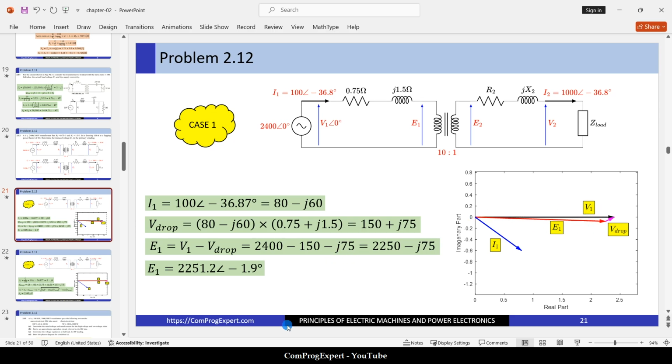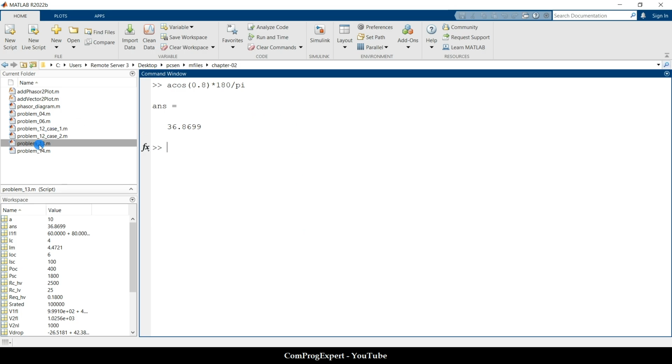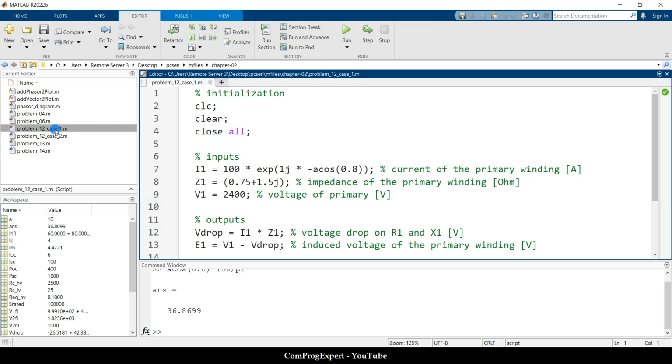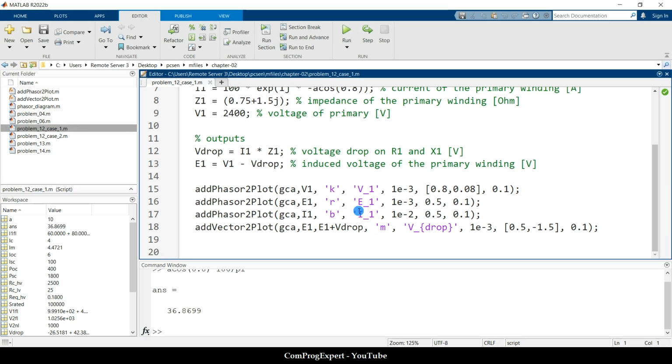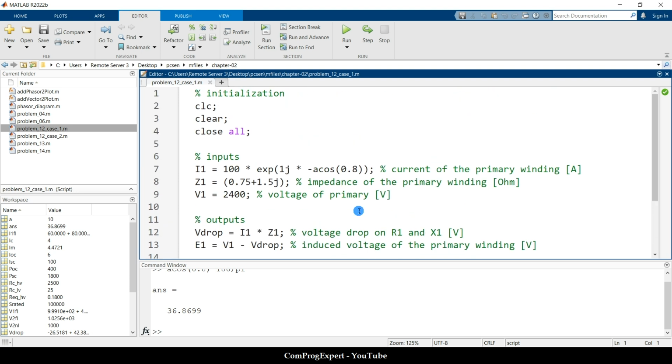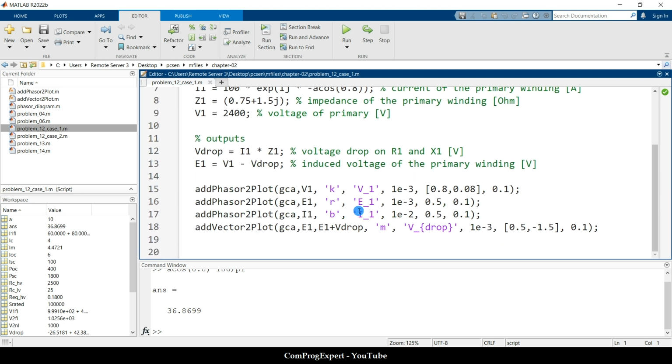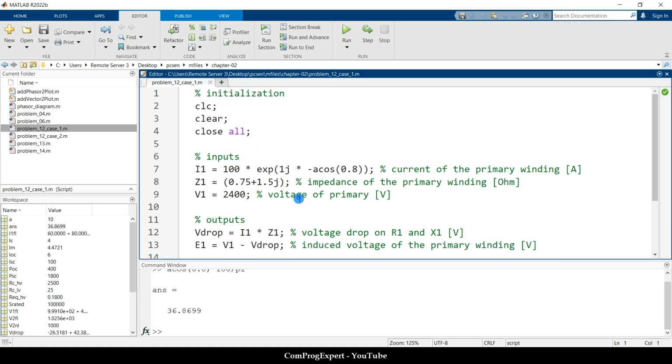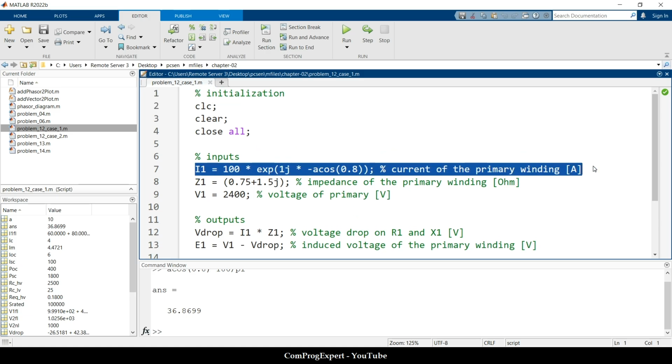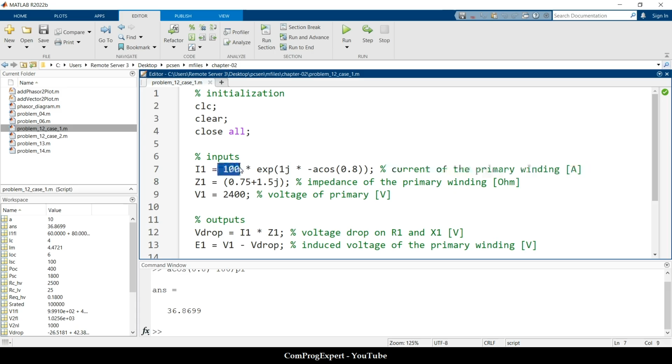Here in MATLAB, we have this code for problem 12, case 1. You can use this M file to generate the vector diagram. So here is the value of I1, the current of the primary winding: the amplitude times e to the power of the imaginary unit times the angle, the phase of I1.